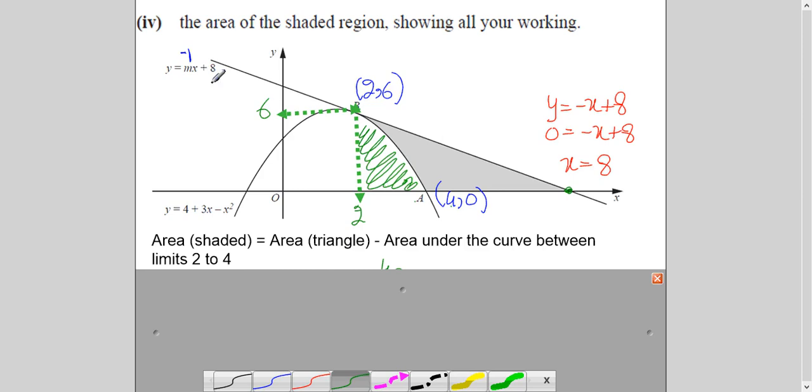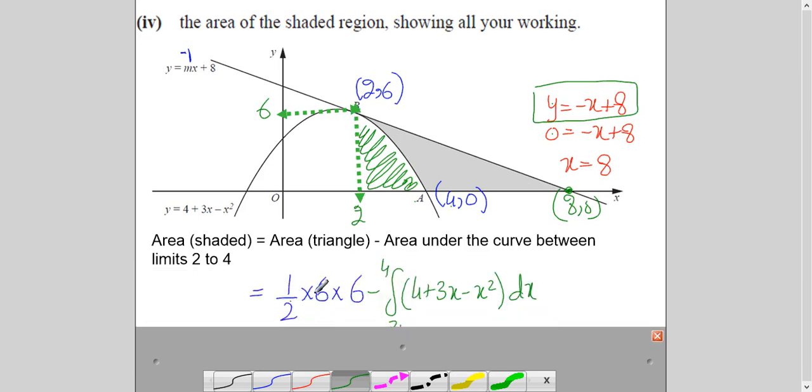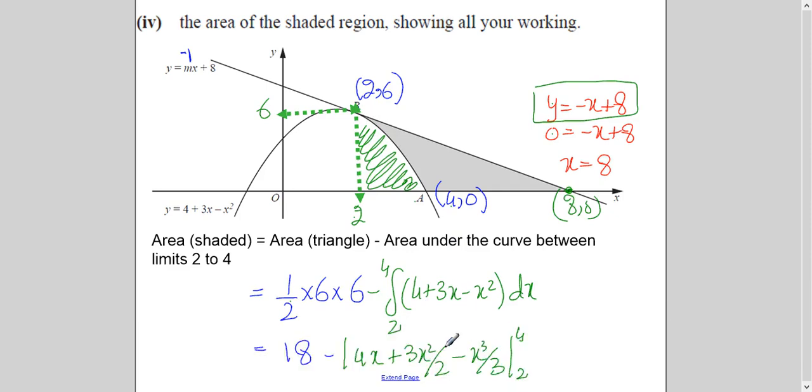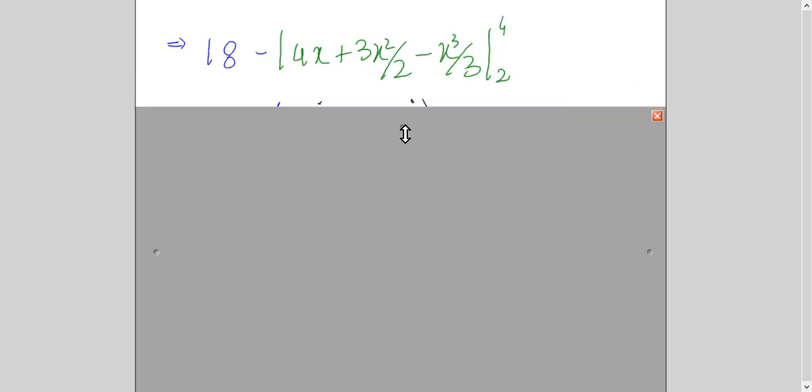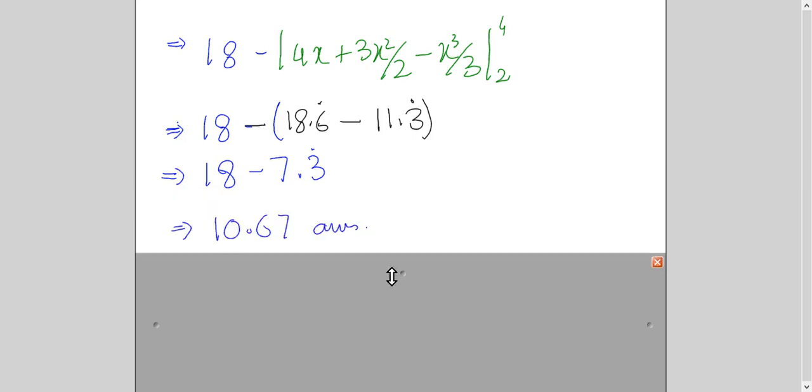In the equation of the line, I can substitute y equals 0. I will get x equals 8. It means this point is (8, 0). So this whole length is 8 minus 2, which is 6. This is 6, and this is also 6. So the area of the triangle is half times 6 times 6. And the area under the curve is found by integrating this function with limits 2 to 4. After that you integrate, apply the limits, upper limit minus lower limit, and solve it just like basic things you do, and get the answer.